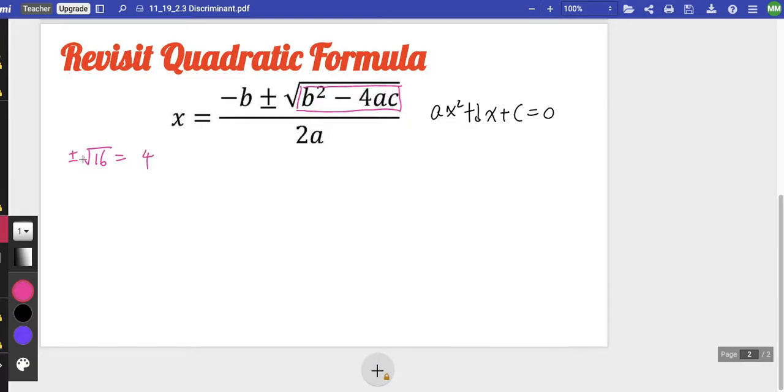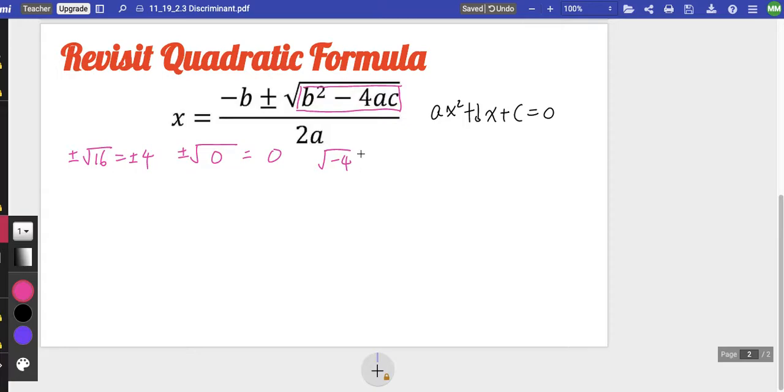With the plus or minus symbol here, I know there are two values, plus or minus 4. Then what if this is the square root of 0? Then it's only 0. No matter whether you give me plus or minus 0, it is still 0. So if this is 0, then this part is basically gone.